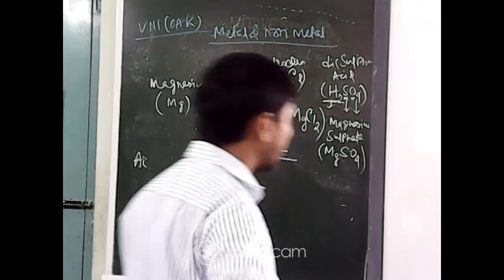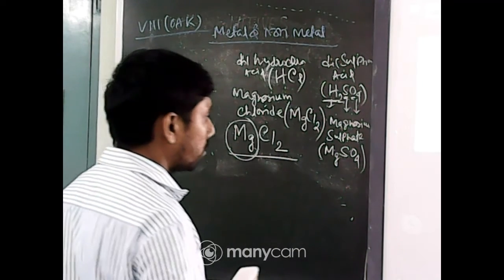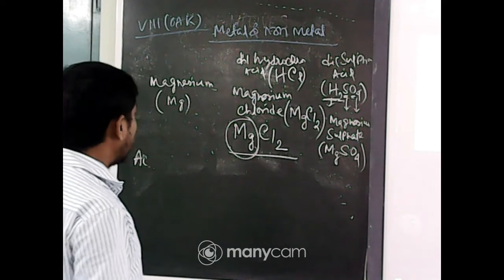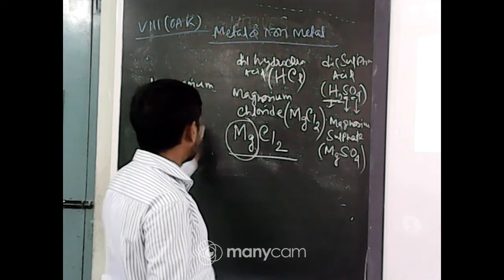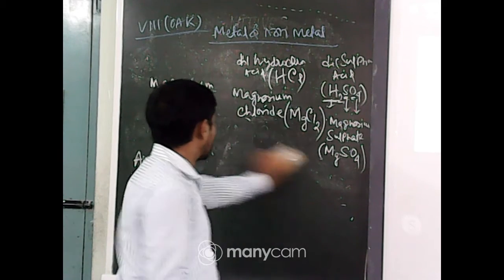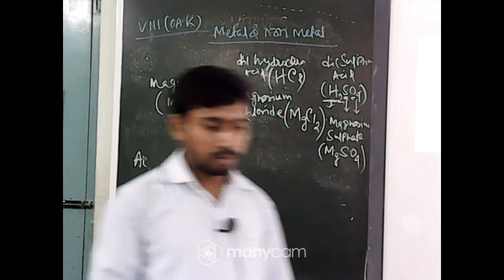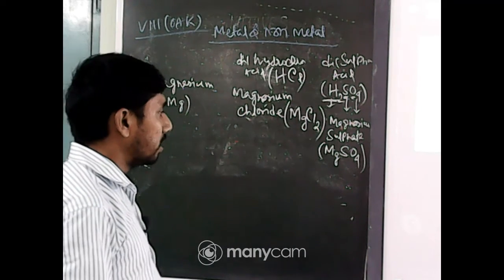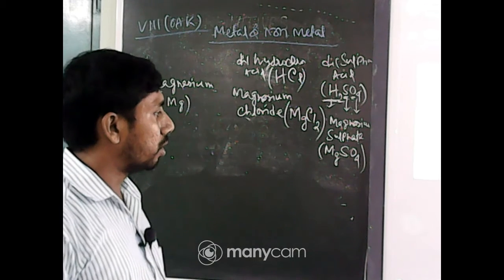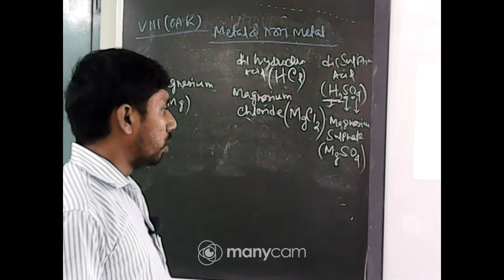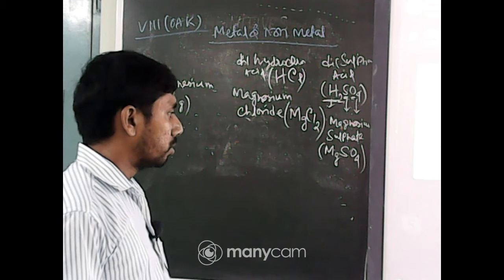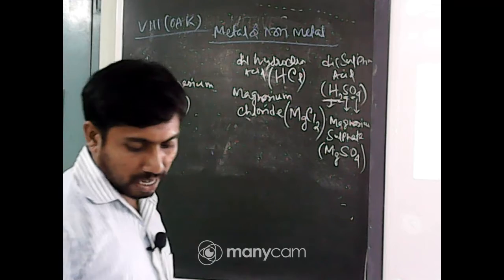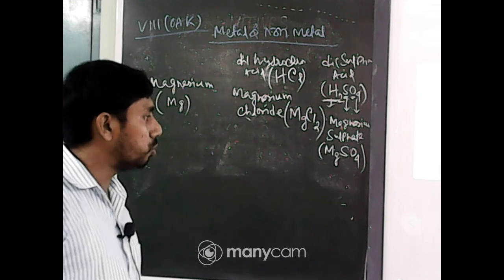So write it down in this manner. Yes, aluminium is a moderately reactive element. So as we are using dilute hydrochloric acid, it will react slowly. Yes, for aluminium the warm condition will be preferable.